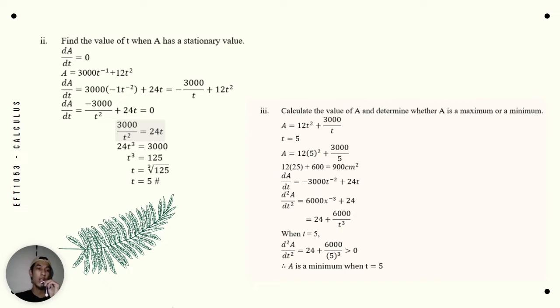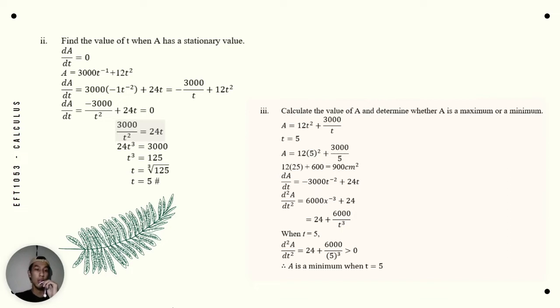So dA over dt equals 3000 times negative 1 t to the power of negative 2 plus 24t, which is negative 3000 divided by t² plus 24t equal to 0.